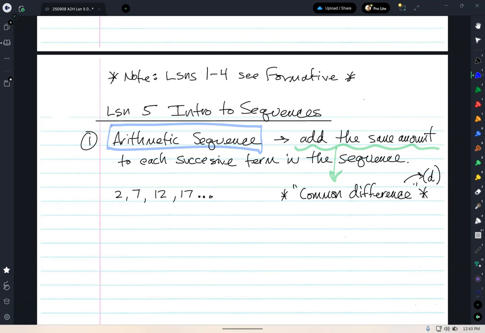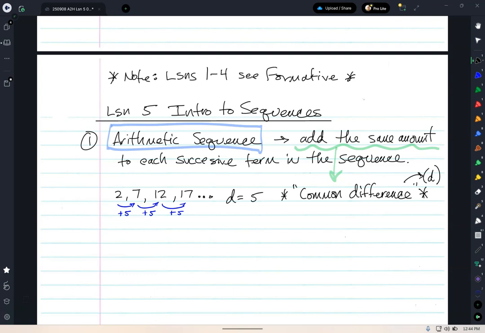You can see this list has a pattern: take a term and add 5. Each successive term comes from taking the previous term and adding 5. So in this particular problem, D equals 5.